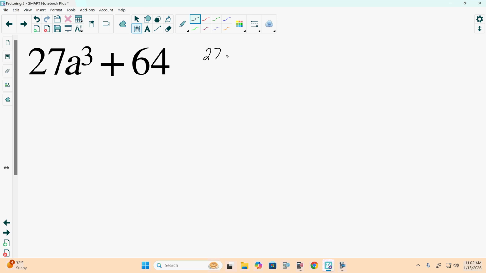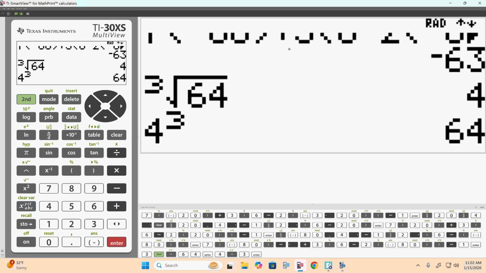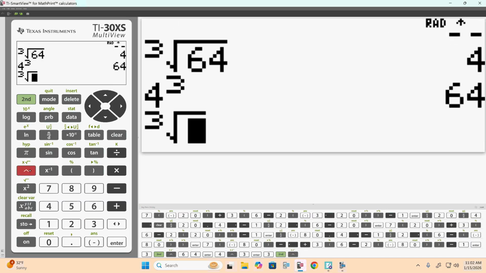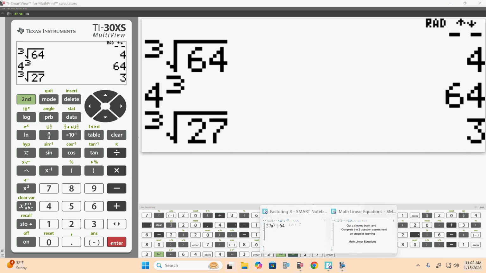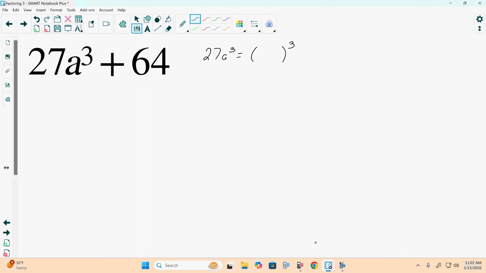Now, for 27a cubed, our first term, we're looking for what times itself 3 times gives us this. Well, we can do the cube root of 27, which is 3. And the cube root of a to the third would be a, because a times itself 3 times would be a cubed.